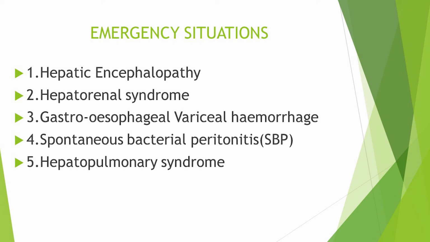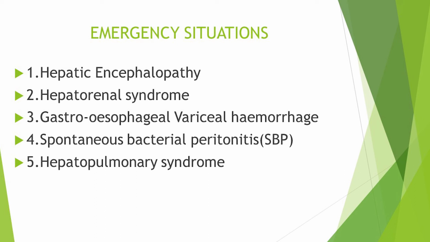Next is variceal bleeding. The patient may come to you with profuse vomiting of blood as well as black tarry stool. So if a cirrhotic patient develops these features, manage on an emergency basis.